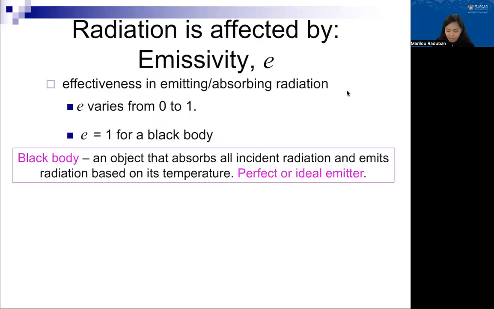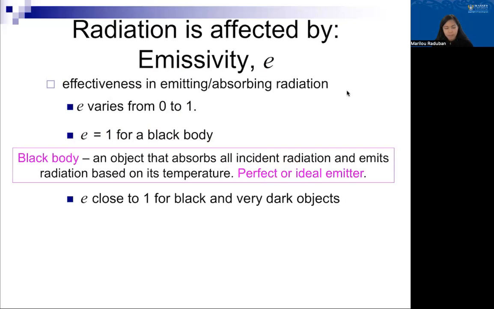So a black body is an ideal or a perfect emitter, meaning it emits radiation 100%, and it also absorbs radiation 100%. So in the previous slide we said that darker objects absorb and emit radiation more efficiently than lighter objects.